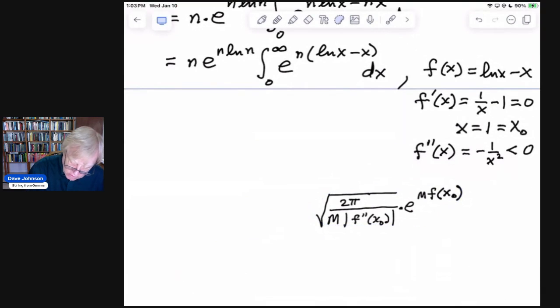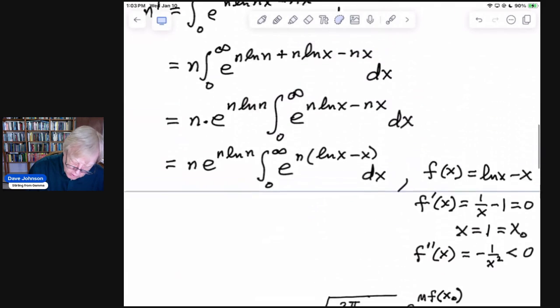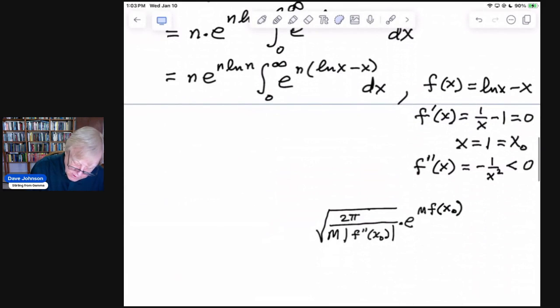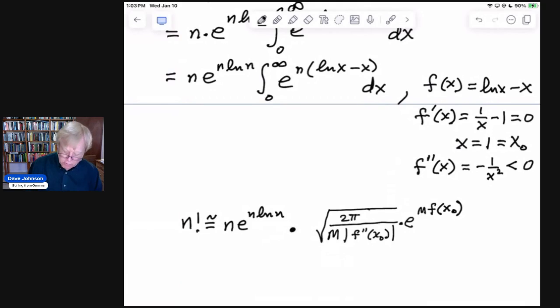And now our n factorial is equal to n e to the n ln n times the integral, which is given by this approximation. And so this is approximately true.